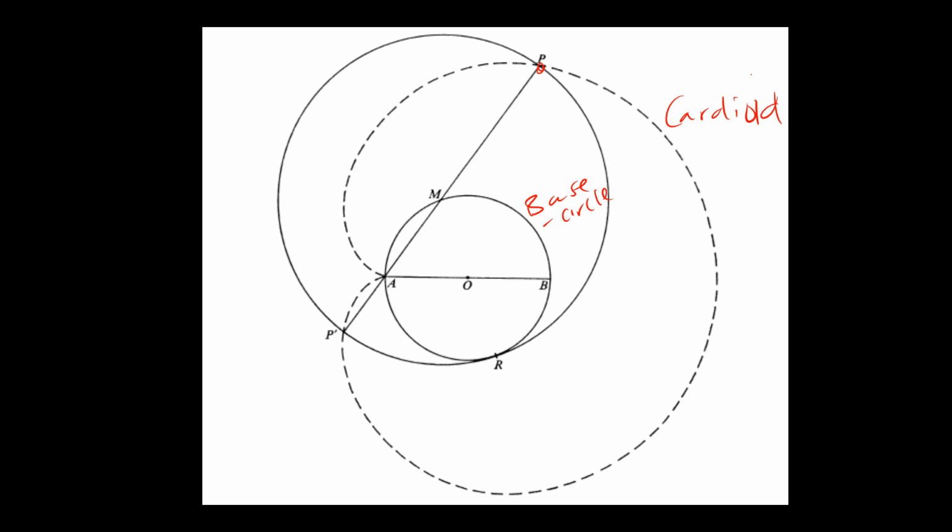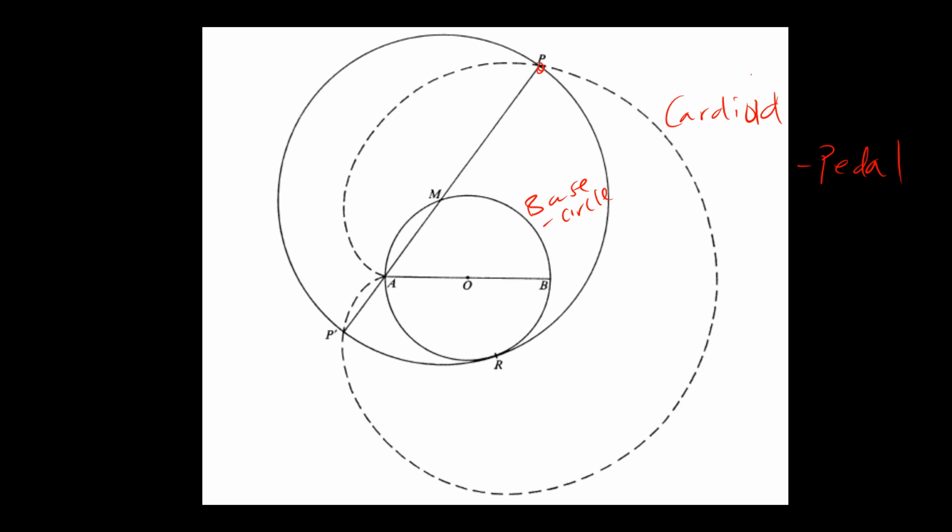A cardioid is obviously an envelope created by a set of circles whose center points are equidistant from one another, of radius that spans a distance from that center to one given point on the circumference of the base circle. And a type of curve that is created like that is called a pedal, right?